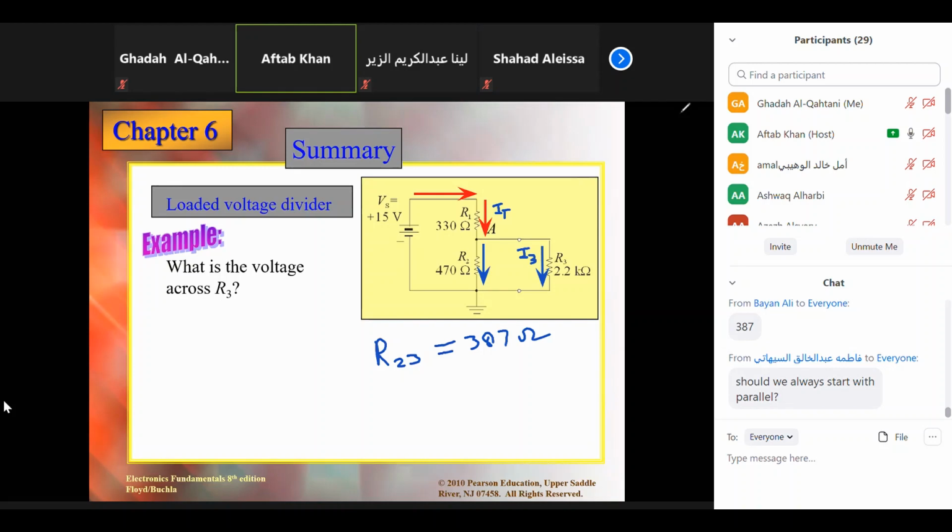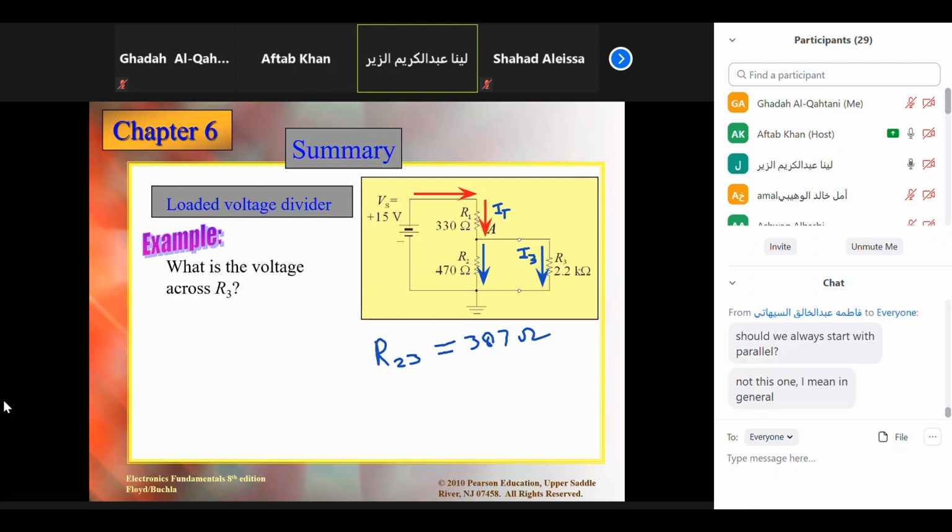Fatima, and what is another way? You want to simplify it. What is another possibility? What do you think we can start with? Tell me. Maybe we will learn something new. Do you think there is any other way? Yes, it is the same if the question says what is the loaded output voltage, right?